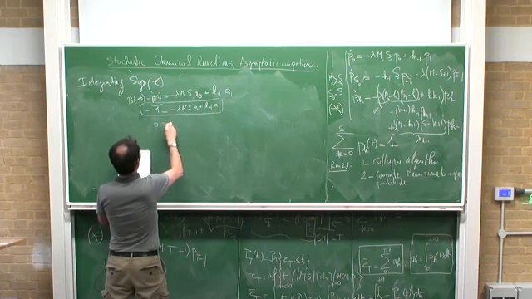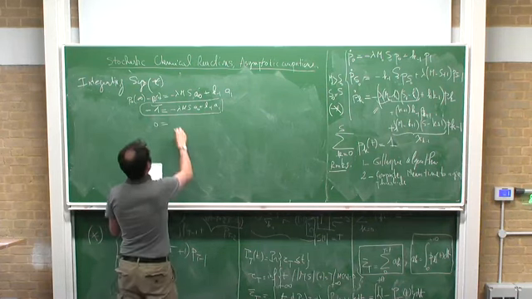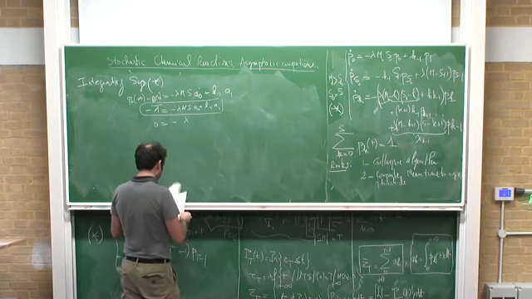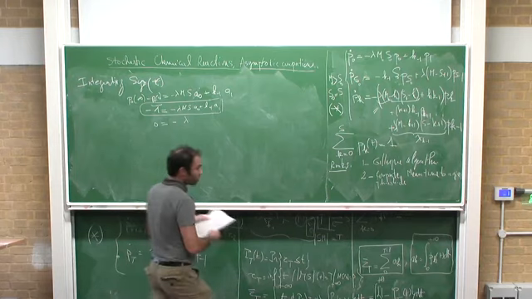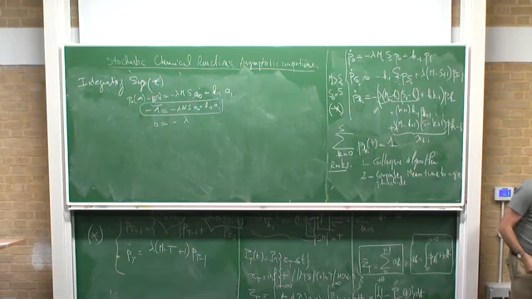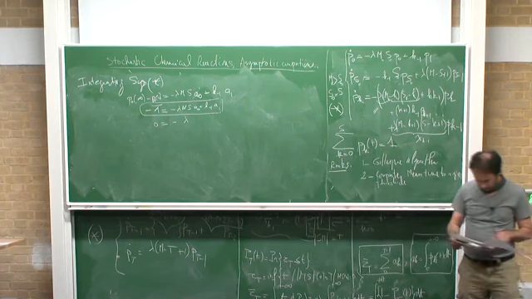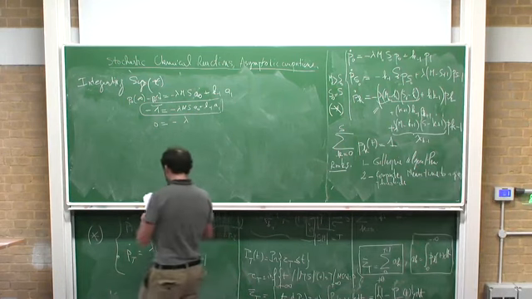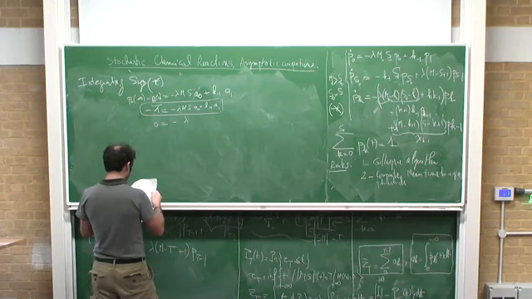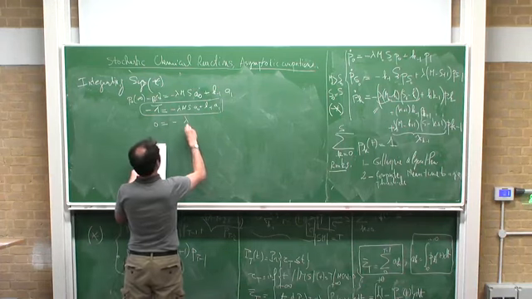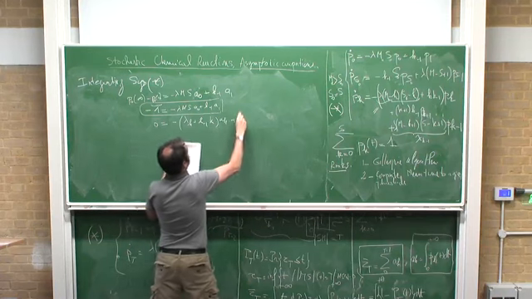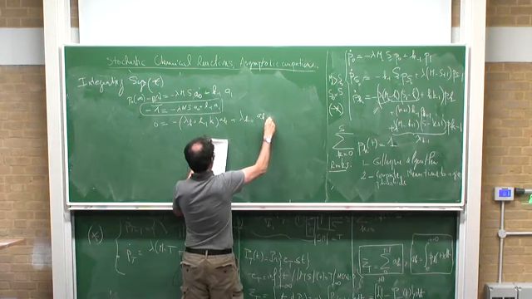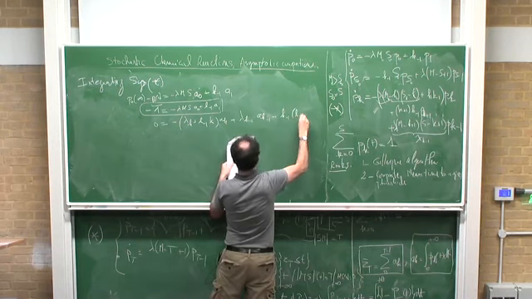Right, so we get 0 equals minus lambda k plus k minus 1 k, a k, plus lambda k minus 1, a k minus 1, plus k minus 1 k plus 1, a k plus 1.